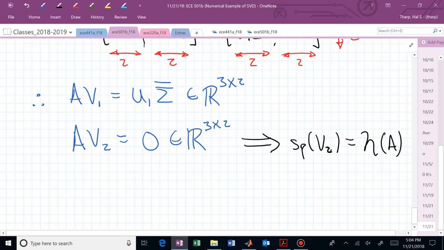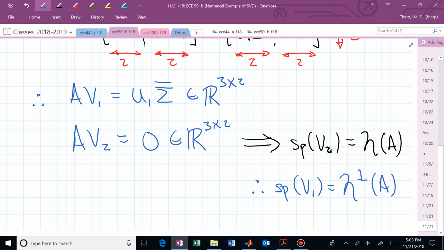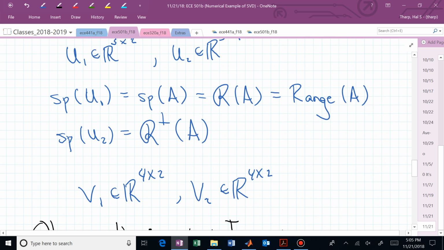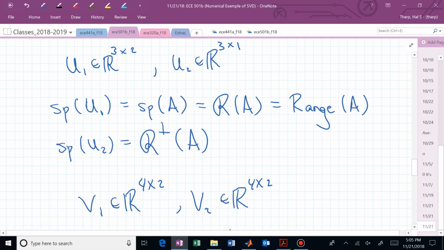And remember, the columns of V form an orthonormal basis, and we've already found that one of these orthogonal decomposed partitions of V1 and V2, the V2 set spans the null space of A. V1 is orthogonal to that, which says then that the span of V1 must be the orthogonal complement of the null space of A. We now have basis vectors for the null space of A and its orthogonal complement from the columns in V. And before, didn't we have a span of U1 corresponding to the range of A and the span of U2 corresponding to its orthogonal complement.